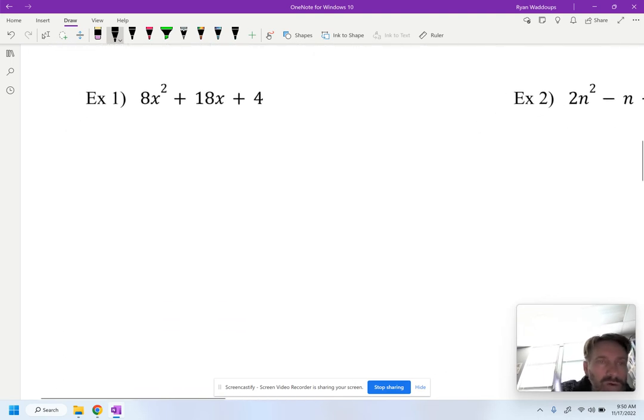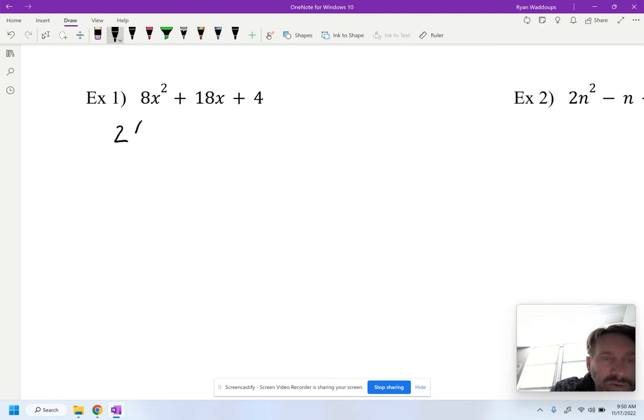So number 1, I look at that and I say, hey, they're all even. If I look at the smallest number, 4, 4 will go into 8, but 4 won't go into 18. So I go to 2, and I think 2 will go into all of them because they're all even.